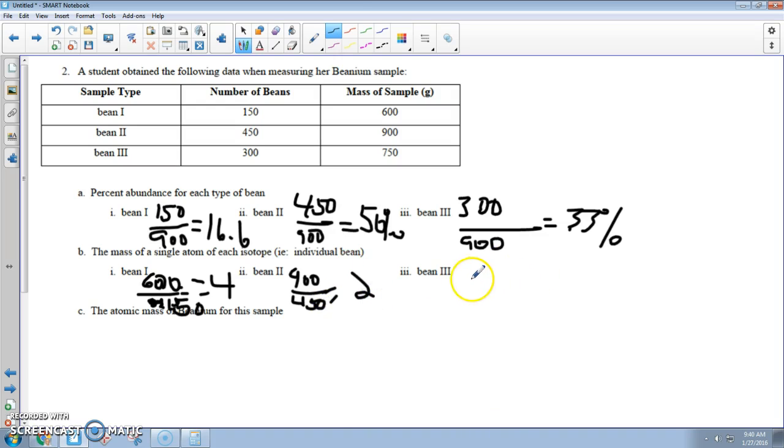And I can do 750 divided by 300 equals 2.5. So again, all we're really saying is for every 450 beans, there are 900 grams. For every 1 bean, there are 2 grams.